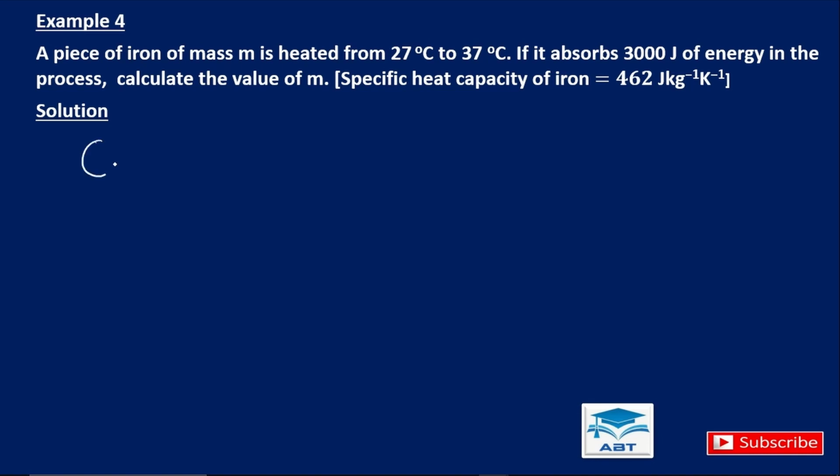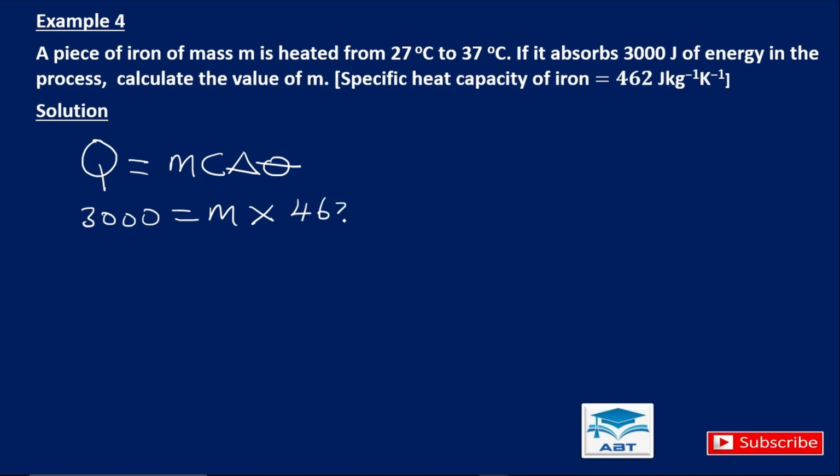Now the quantity of heat is equal to mass times specific heat capacity times change in temperature, and the heat is 3000 joules. So we replace it. 3000 is equal to mass, m, is unknown, times specific heat capacity of iron, 462 joules per kilogram per Kelvin.